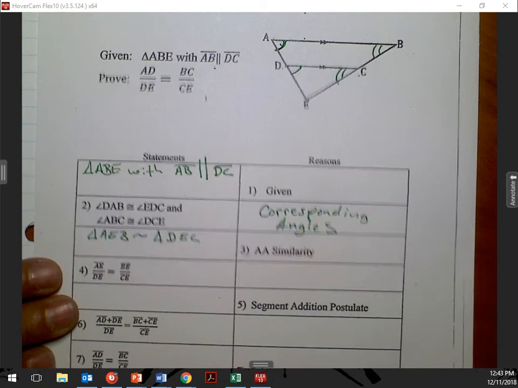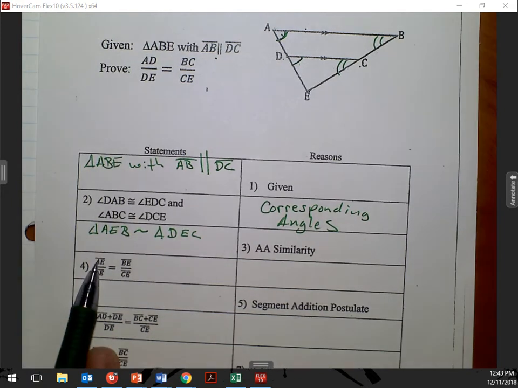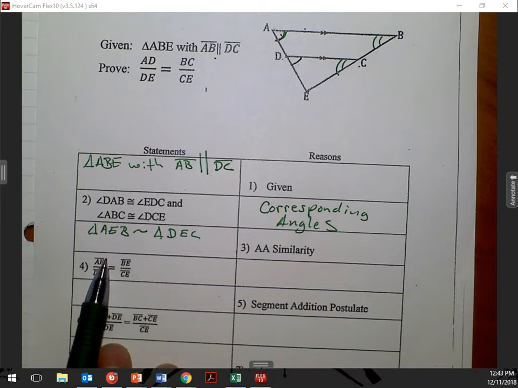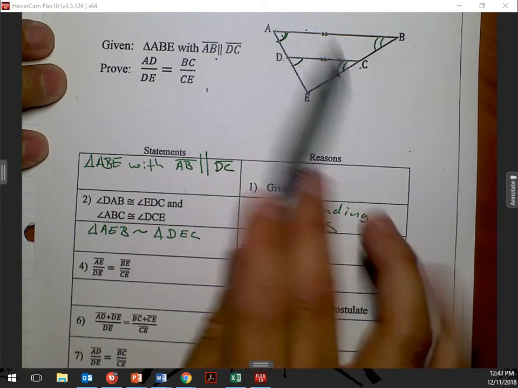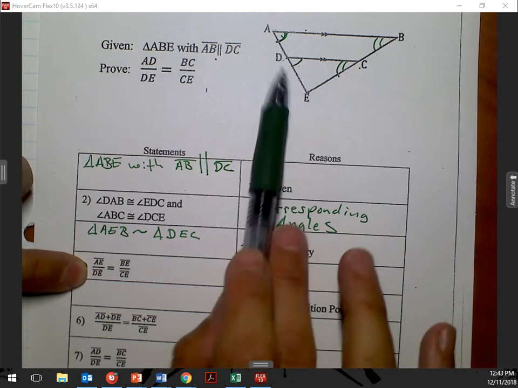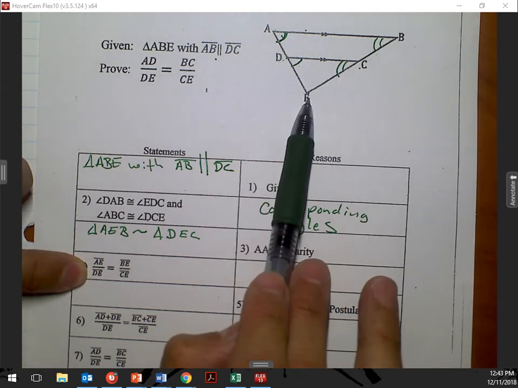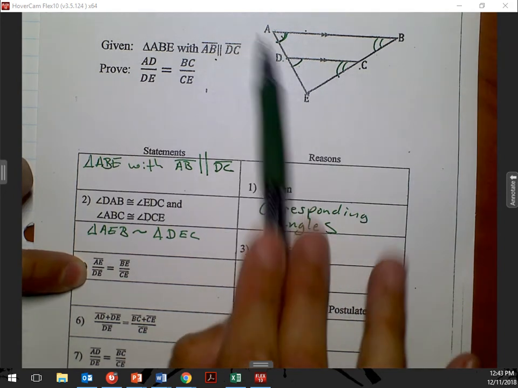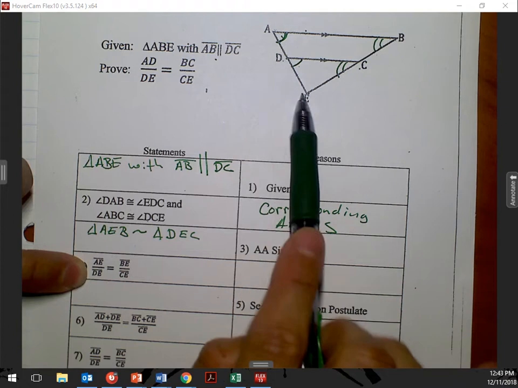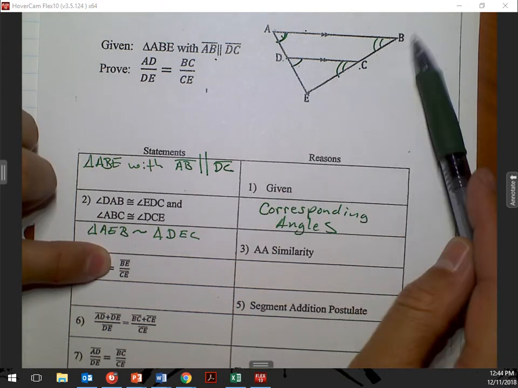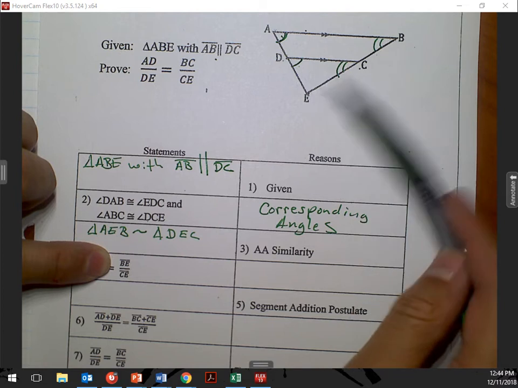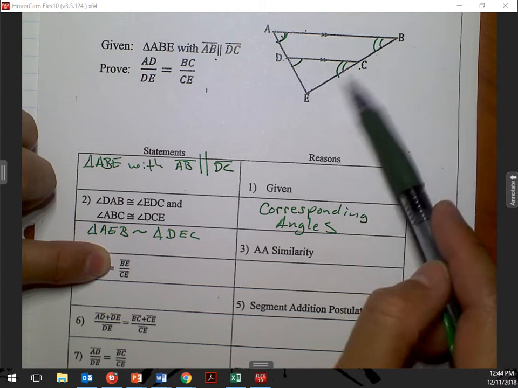Okay. Now, given this right here, it has AE over DE, so these are the sides that go together. AE is the whole thing. DE is this one. BE is this big side right here, and then CE is here.